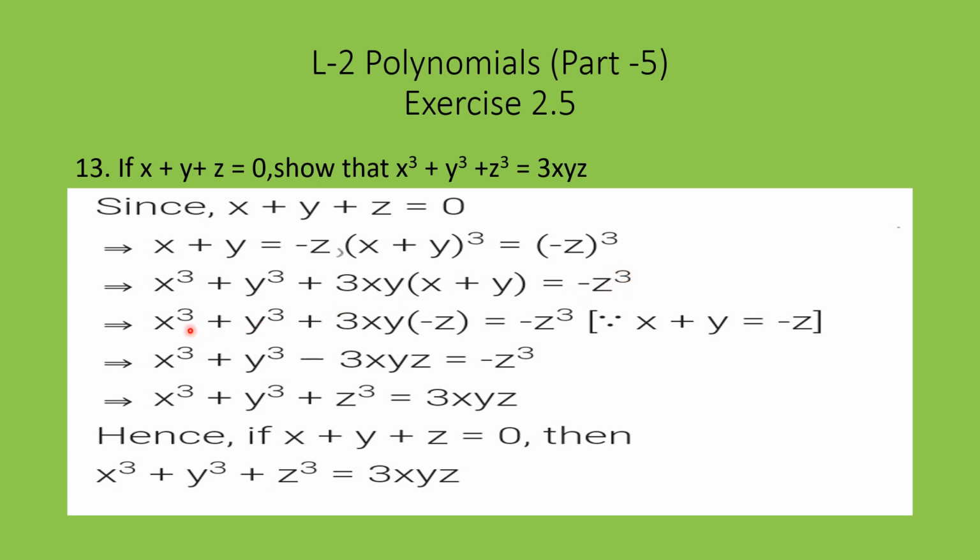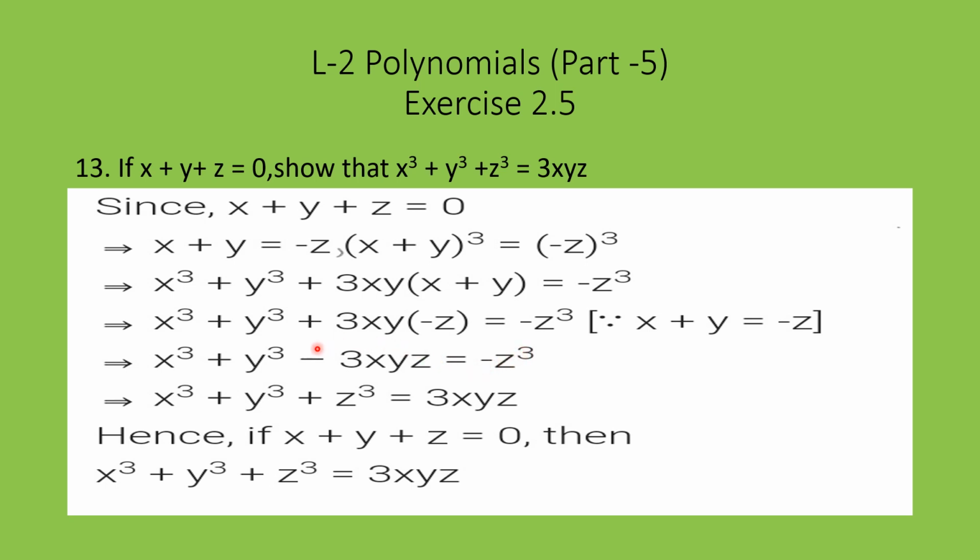That is x cube plus y cube plus 3xy, and we have already taken x plus y as minus z. So substitute x plus y as minus z, equal to minus z cube. So you will have x cube plus y cube minus 3xyz equal to minus z cube.